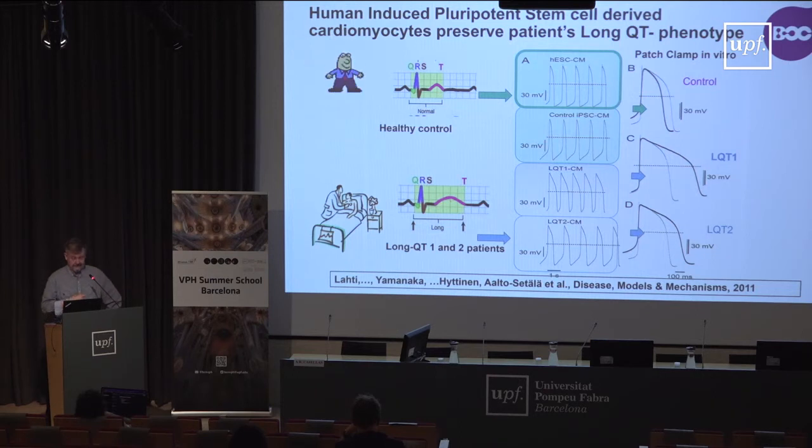By the way, there's a nice small story here. Katriina Aalto-Setälä, who is a cardiologist and the head of our cardiac heart group, who is actually deriving these cells, was at UCL, California, when Professor Yamanaka was there inventing the iPS.